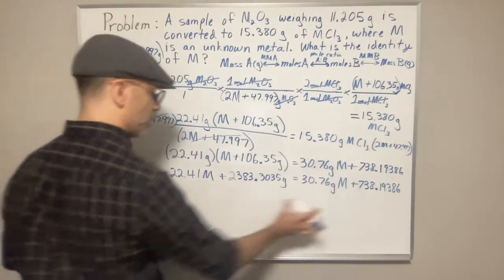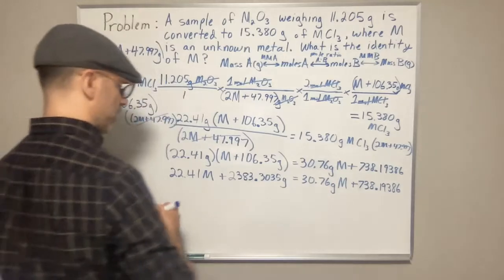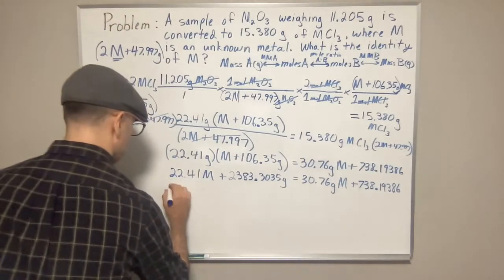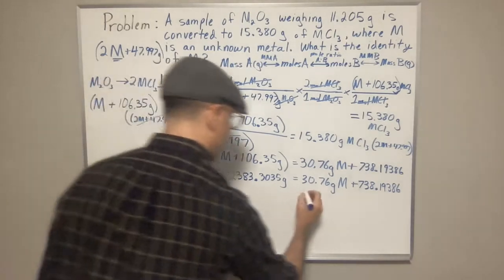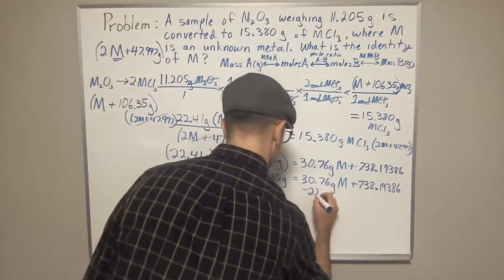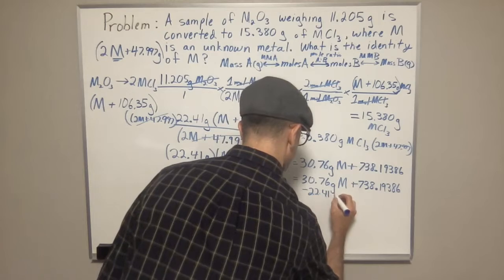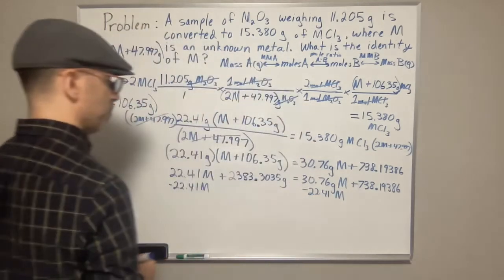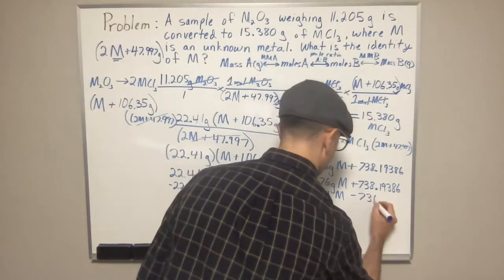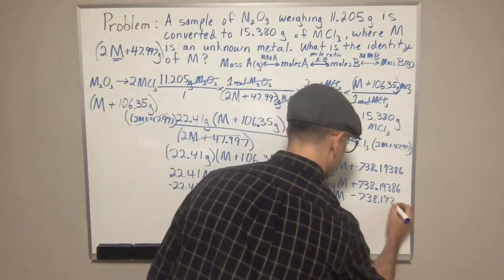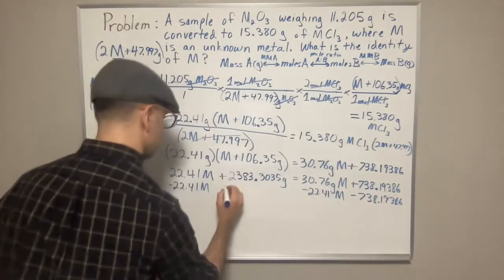All right, so now all we need to do is get the similar parts on the same side. So the m's are going to come together. I can subtract 22.41 m from both sides, and I can subtract 738.19386 from both sides.